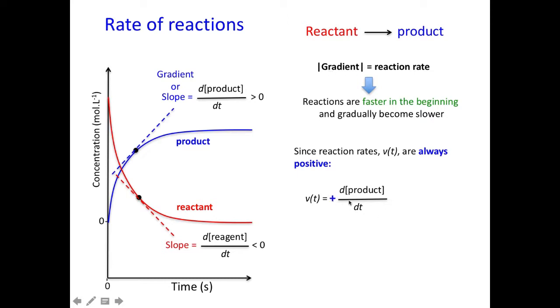So we add a positive sign before the derivative of the concentration of products with respect to time. This is going to be positive anyway. Or we add a minus sign here because this quantity is negative. So if we add a negative sign, now we have a positive V, because reaction rates are always positive.